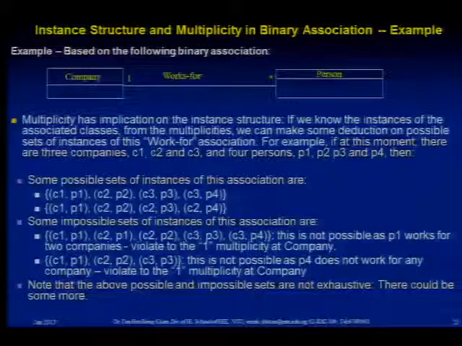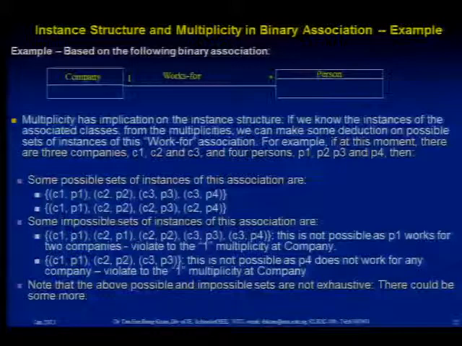In the third set, you can see that P1 is in the first tuple, and P1 is also in the second tuple. That means P1 associates with 2 companies, one with C1 and another one with C2. But the diagram here says that every person can only associate with 1 company.